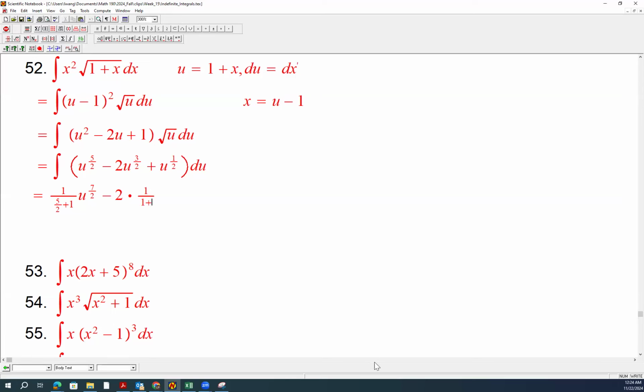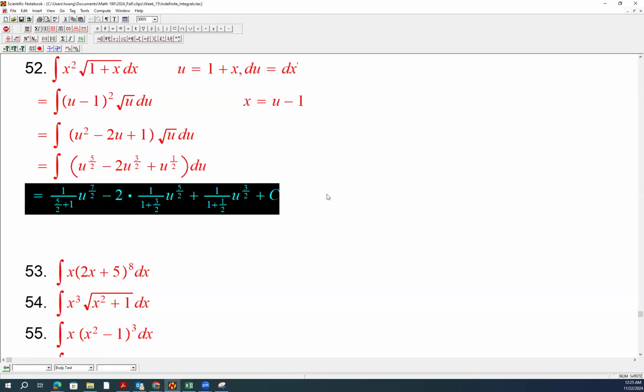So this is going to be 1 plus 3/2, and u raised to the power of 5/2, plus 1 over 1 plus 1/2. You know the drill. You have practiced plenty, right? Raised to the power of 3/2 plus a big constant. Okay, reduce.